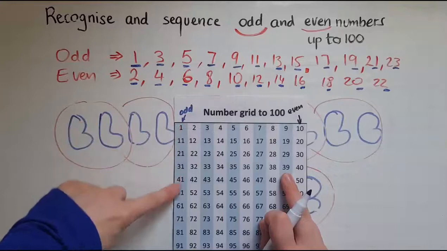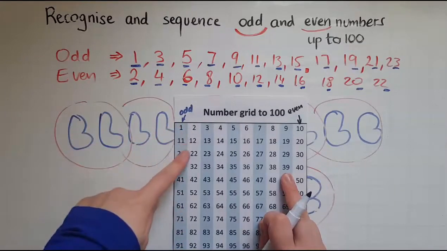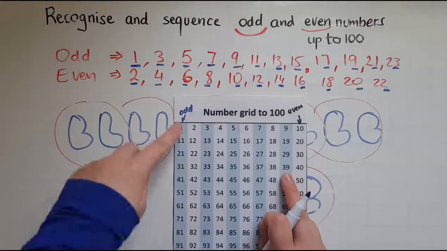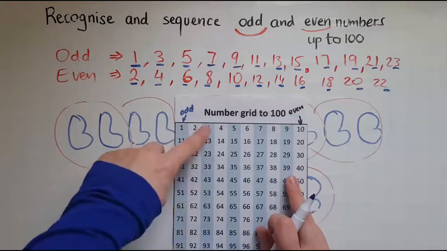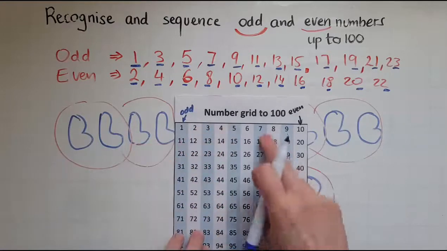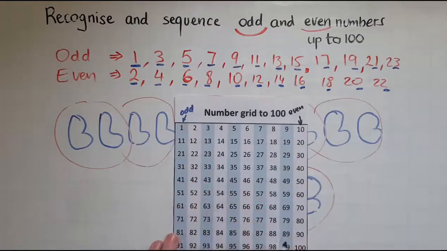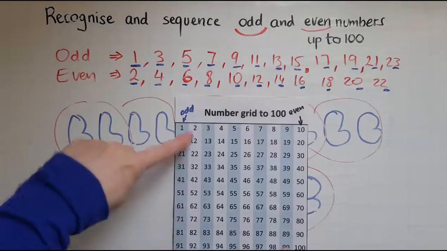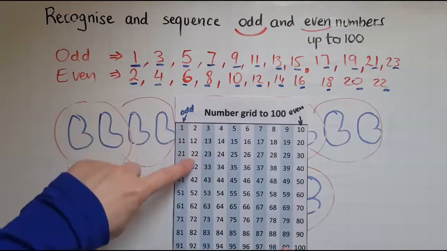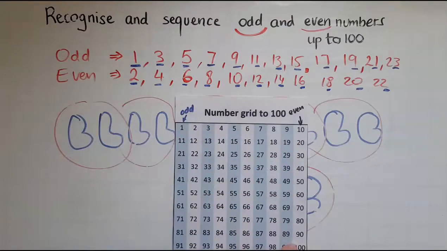So in this column we've got numbers ending in 1, or that the units are 1. They are odd. So are all these ending with 3, and ending with 5, 7 or 9. So these numbers in the columns that are colored in blue are all odd, and the numbers in the columns in white are all even.